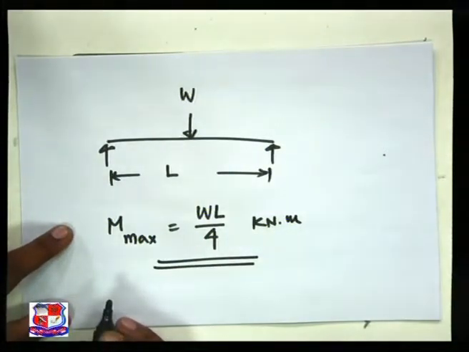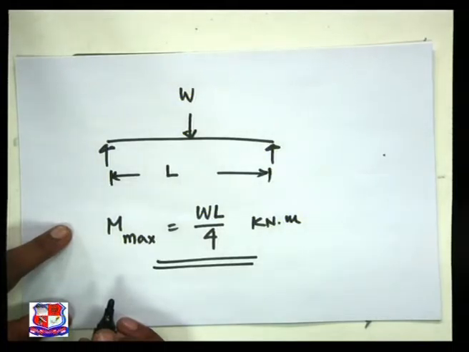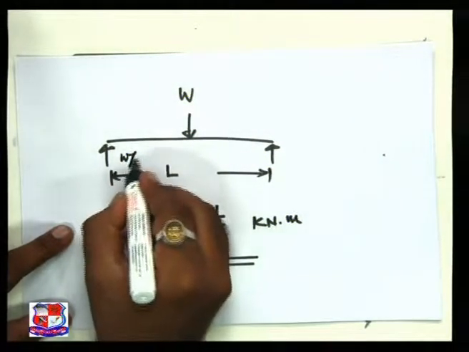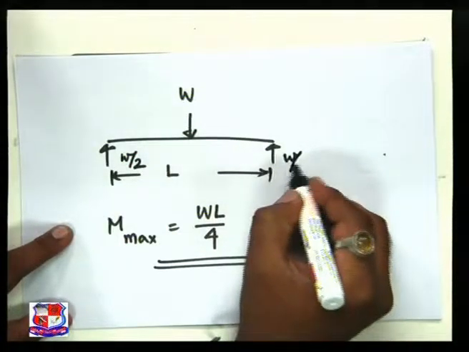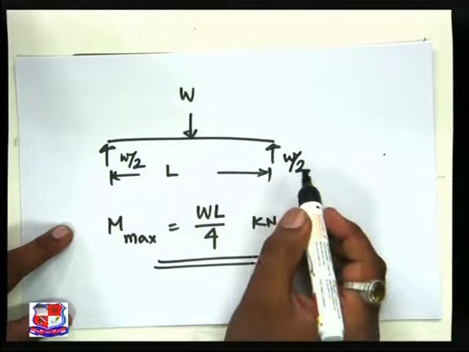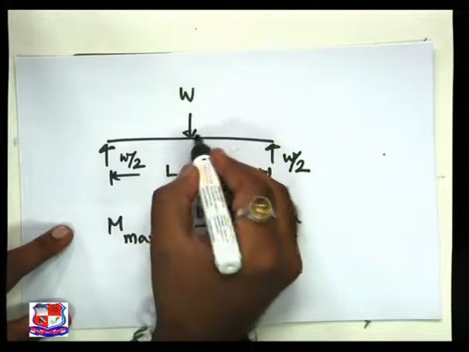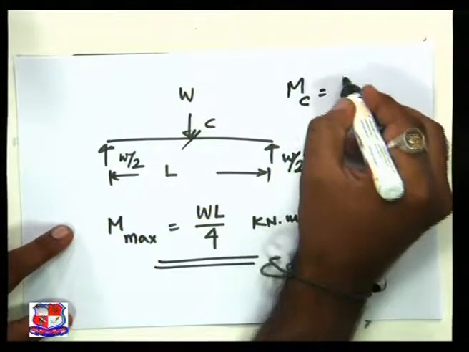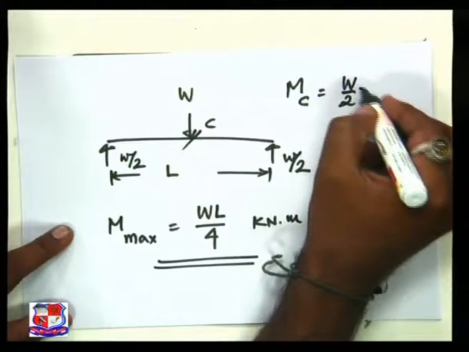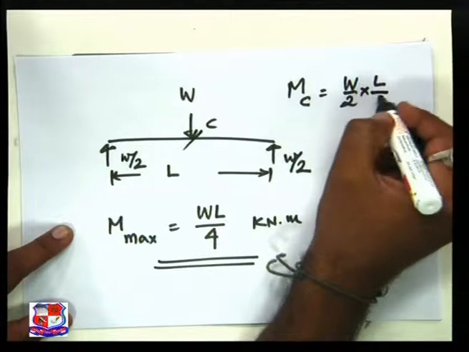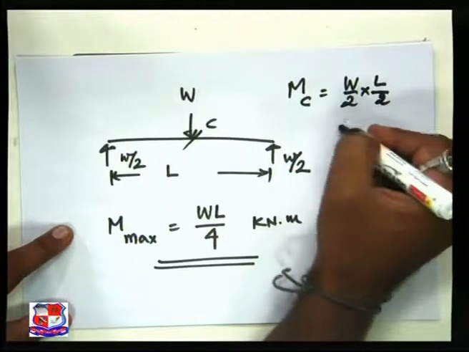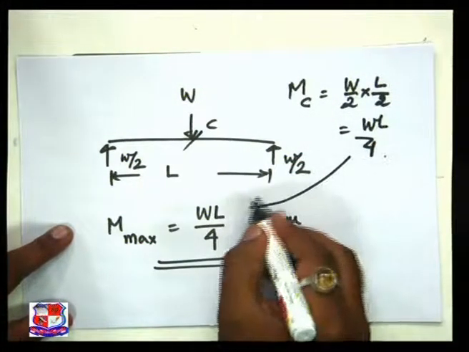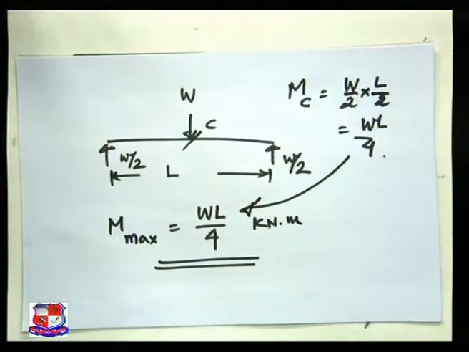We should know this one. If you are unable to recall it, then you have to find the reactions first; as it is symmetrical, W by 2 at each support. You have to find the moment at the center, that is W by 2 into L by 2, that is WL by 4. The same thing we can achieve over here.